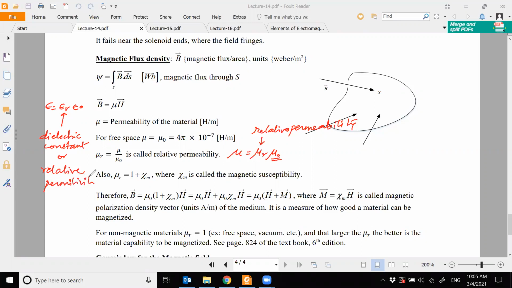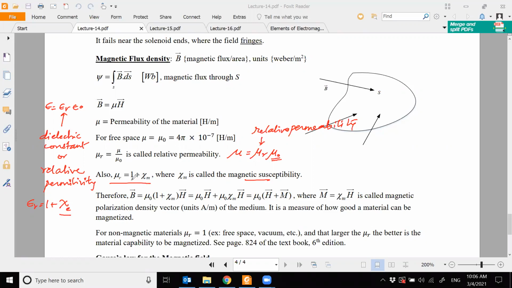Then for the analysis, their definitions are very similar. So mu r is 1 plus chi m, and here you had epsilon r as 1 plus chi e, where chi m is the magnetic susceptibility and chi e is the electric susceptibility. As I told you, it is a measure of how your material behaves when it is subjected to an electric field or to a magnetic field.